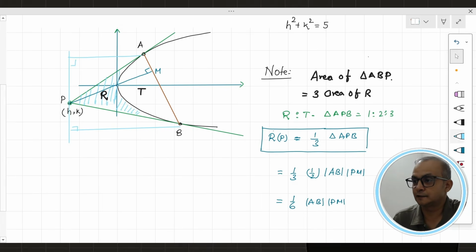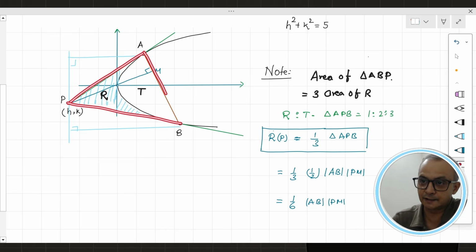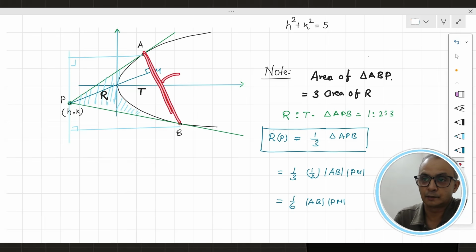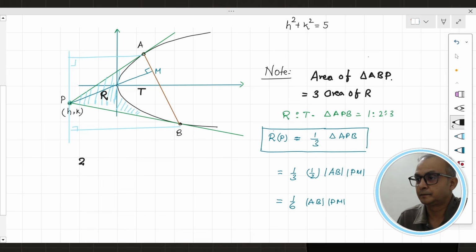And how do we discover it? We'll do it here. We know that this is actually the point h comma k, and from there we are dropping two tangents, and on that point of tangency there is a chord. So that chord is going to be the chord of contact. So chord of contact equation is T is equal to 0.